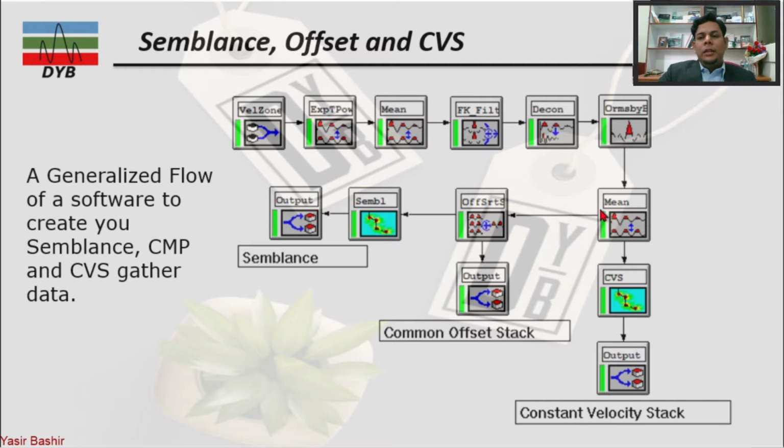Once the data is ready after pre-processing, you convert your data into the offset domain, which is the output of your offset stack, and from the offset you can get the semblance plot. The semblance plot is one of the inputs for velocity analysis, and the last one is the CVS, constant velocity stack, which you can also use for better velocity picking.